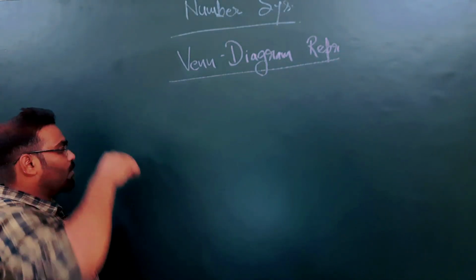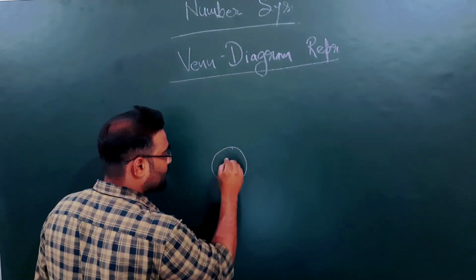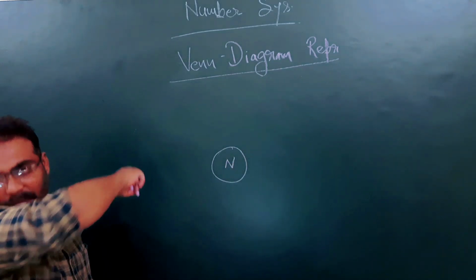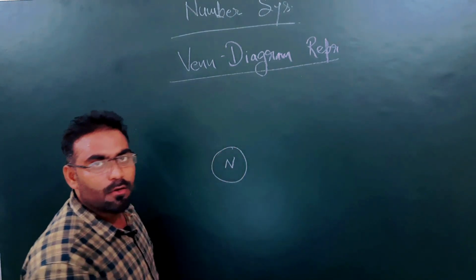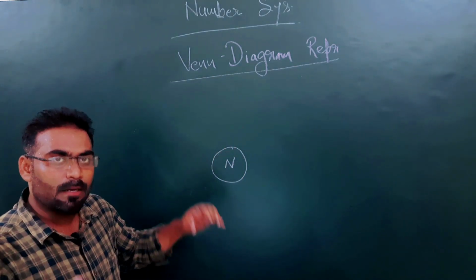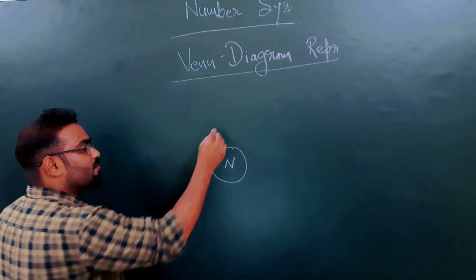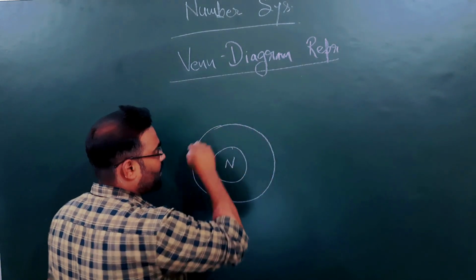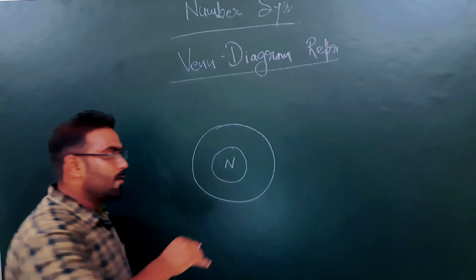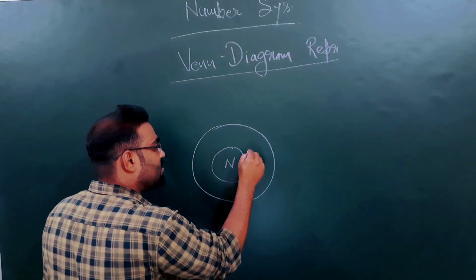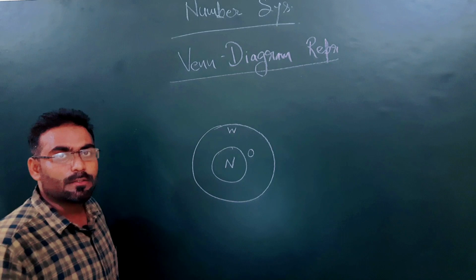Why? Because if you have a set of natural numbers, like if you have a bag or a circle, in that circle you have only the natural numbers. But if you got an extra zero from somewhere else and put it in the bag, then by adding this zero, this circle becomes the circle of whole numbers.